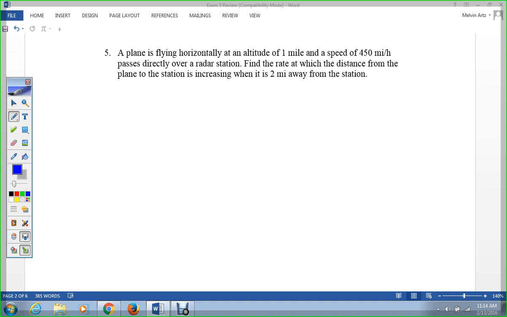So drawing the representation of what's going on here, it flies over a radar station. So let's say this is our radar station, and it's flying 1 mile above the radar station, and let's say it's moving in this direction, and it's moving at a speed of 450 miles per hour.